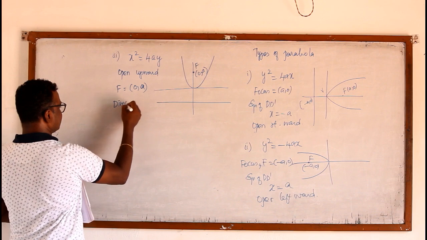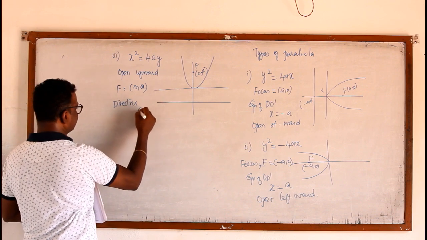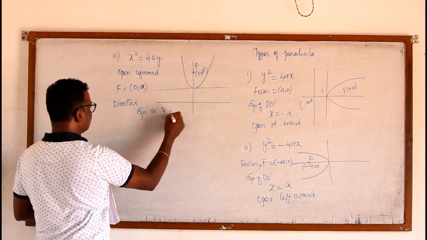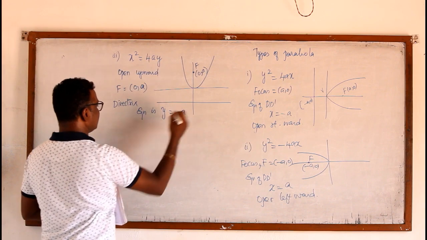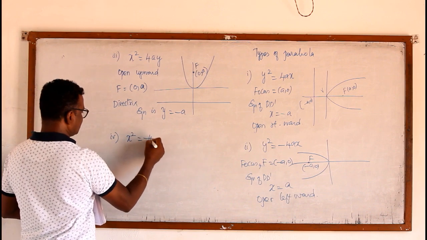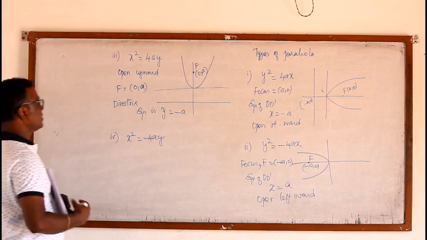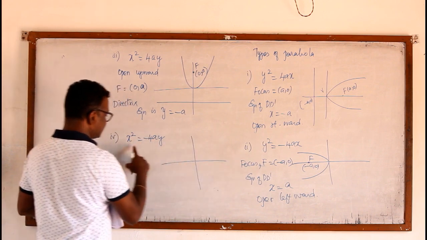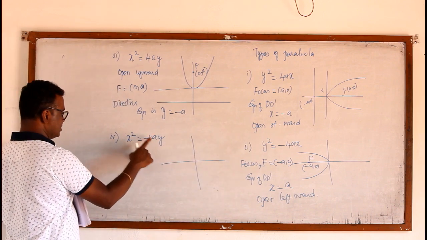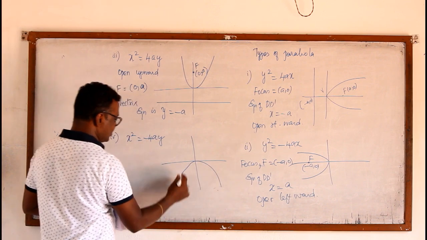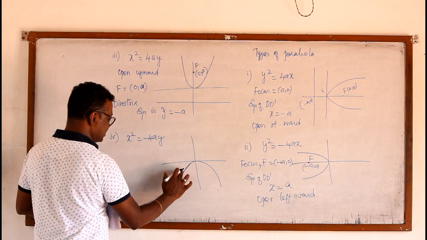We are going to write only the equation of the directrix, which is y equal to minus a. Then the fourth one, x square equal to minus 4ay; we shall draw this curve. X square means the curve will be symmetric about the y axis, and since minus comes, it is symmetric about the negative y axis, that means about the y dash axis.